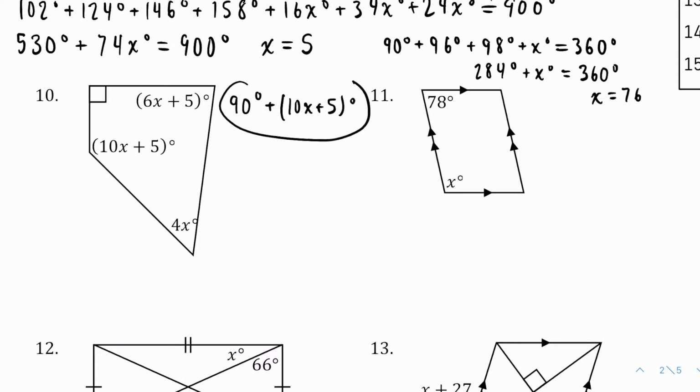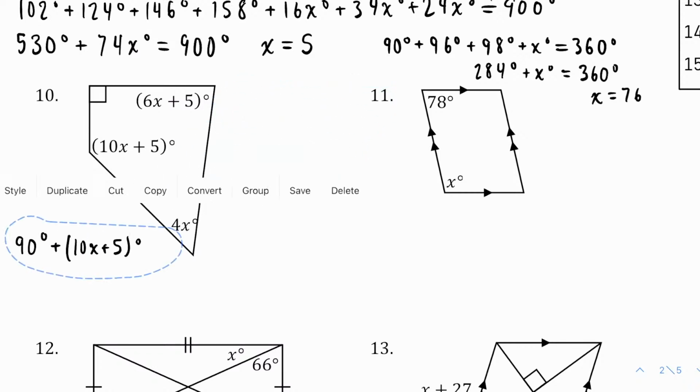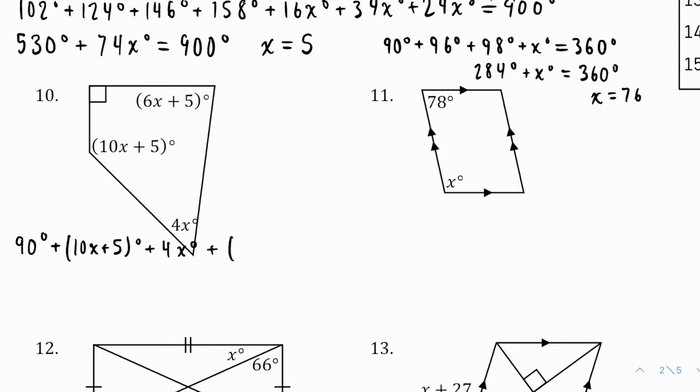Then give myself room over here. Let's move that down here. That's the thing I can do with software. Plus 4x plus 6x plus 5 equals 360.